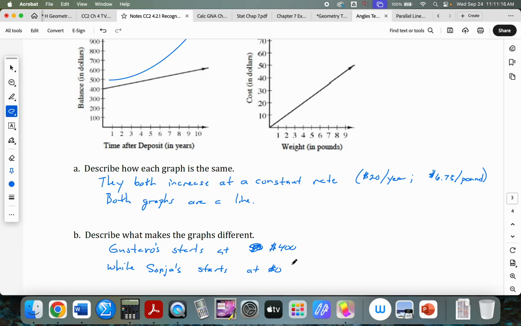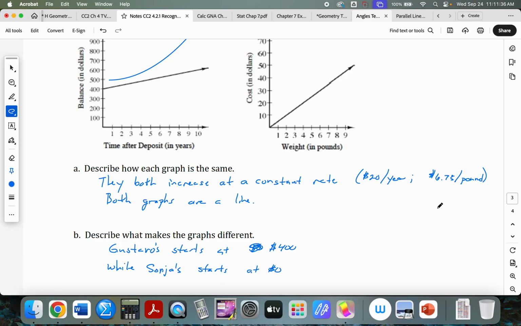Sonia's graph increases more rapidly, but does it actually? Or is it a lie of scale? How much does Gustavo's money go up every year? $20.